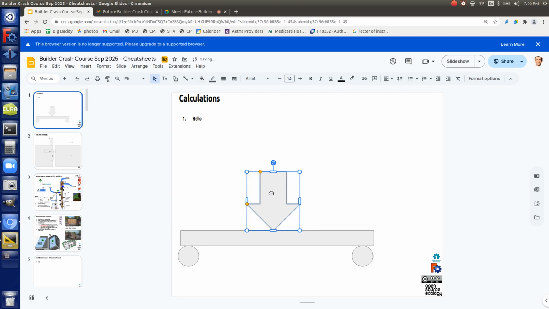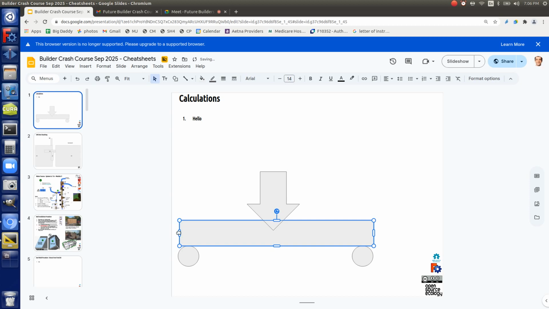That's a thing you can actually read right off tables. You can say, for a deck made out of 2x12s spanning 20 feet, they will tell you what that weight capability is.